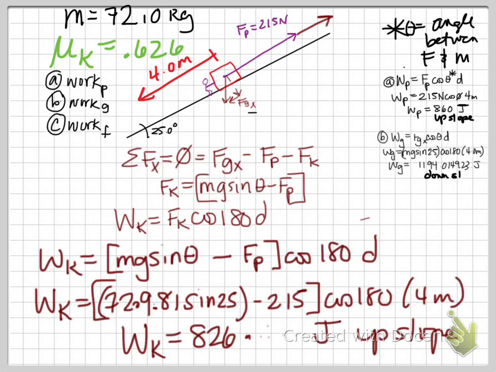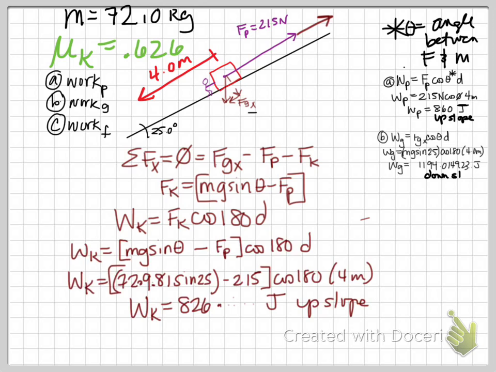Okay, so I'm getting a work done by kinetic friction of 826 joules. Now, here's where, and again, don't forget. Oh, what did I do wrong then? Yeah, scratch that answer that I just put up there because that was all wrong.